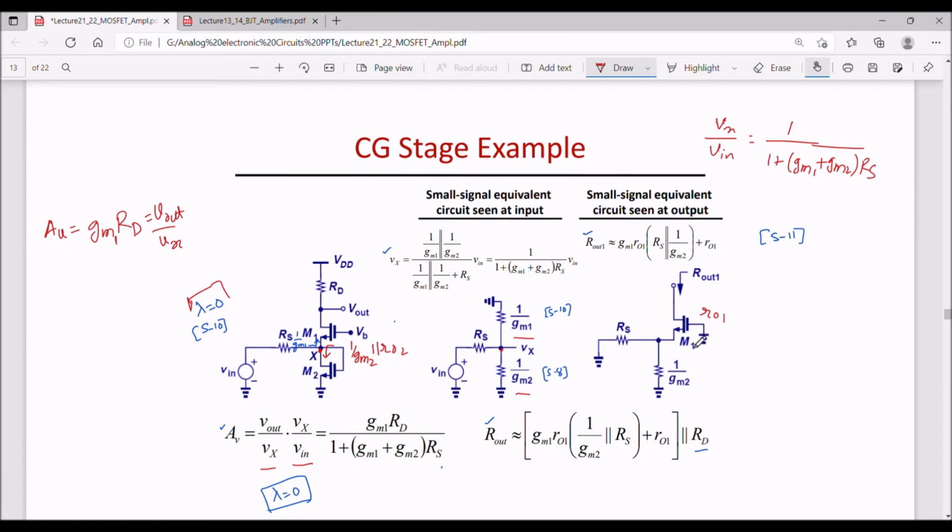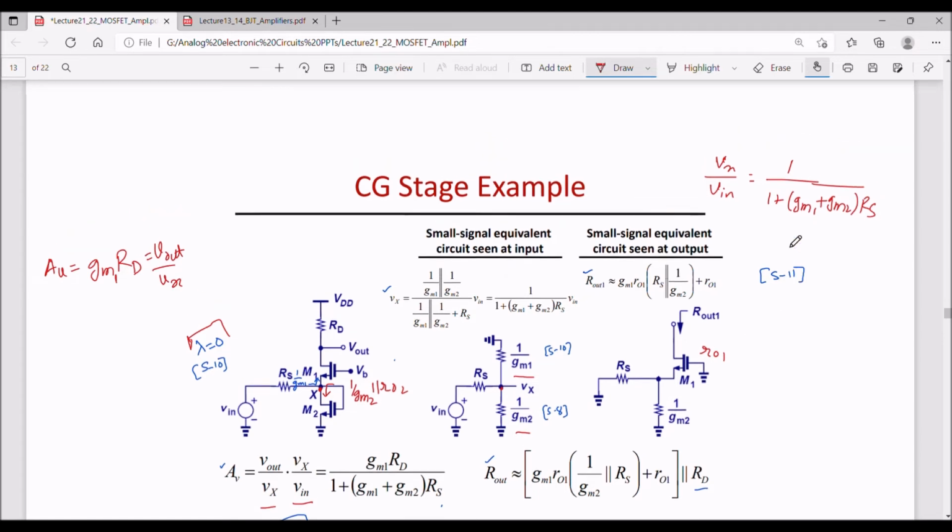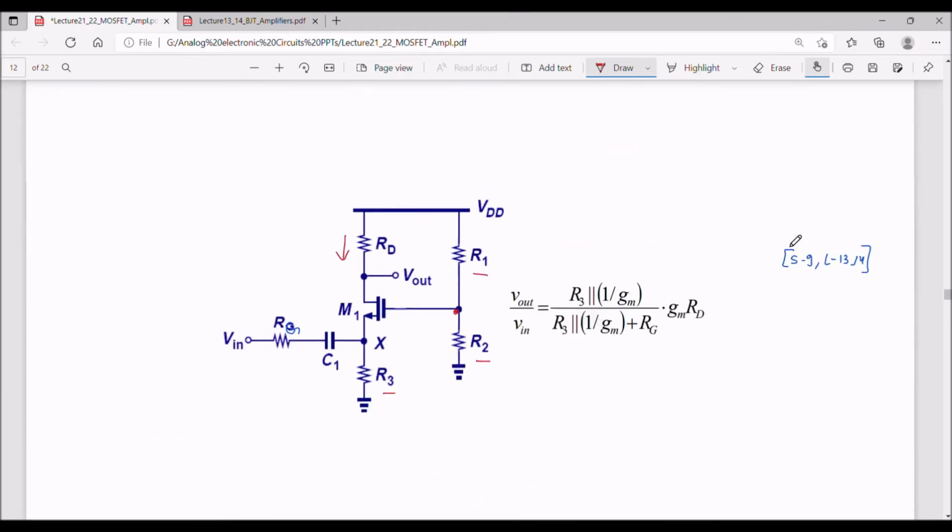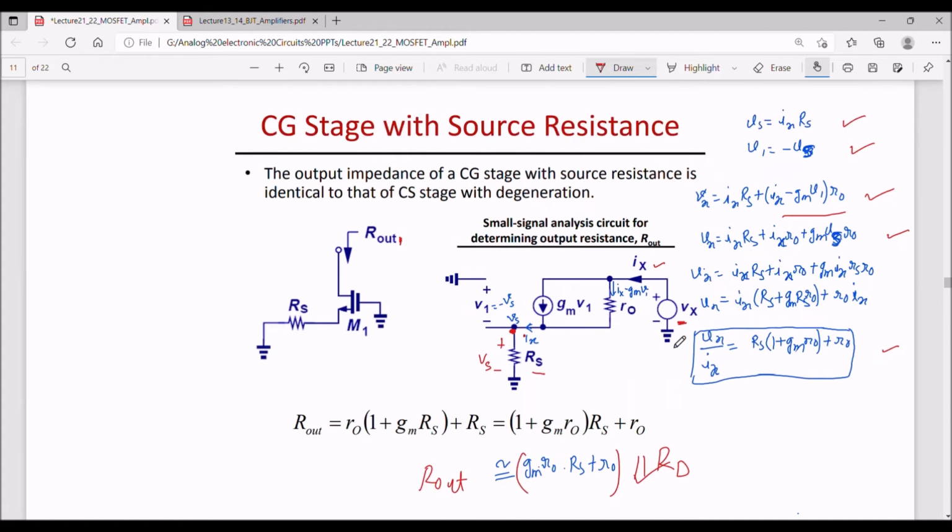Sorry, not gain, R out. So the output impedance can be written. In fact, we have already calculated it. I'll show you here.